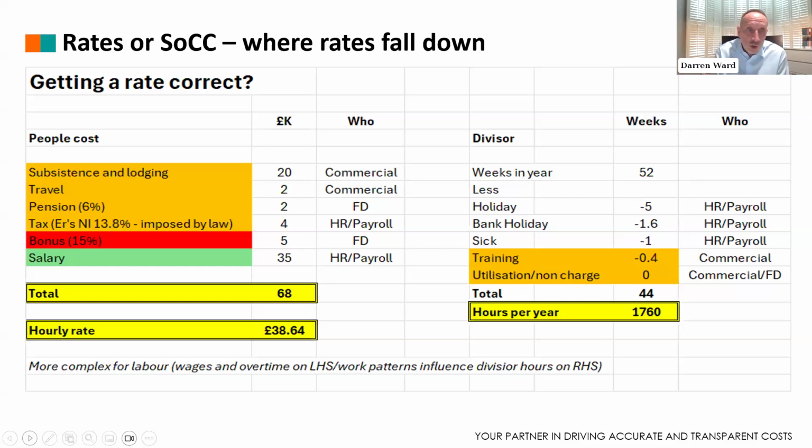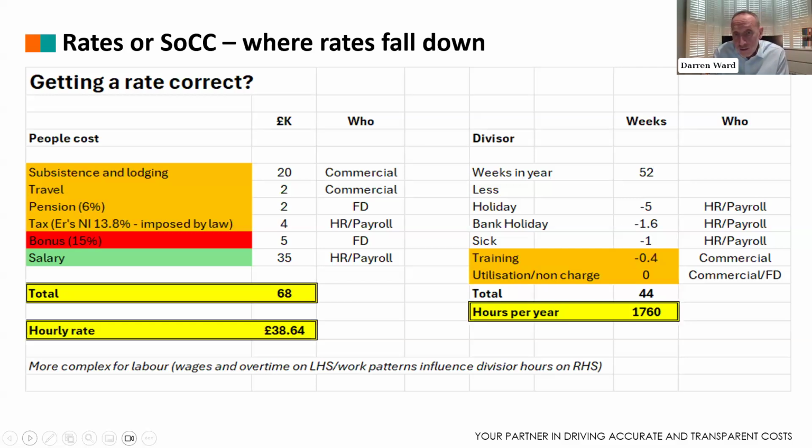In reality, Joe Bloggs didn't want to join the pension scheme or paid a lesser rate. And then finally, commercially, the commercial manager thought Joe Bloggs would work on site 5 days a week. Instead, he works on site 3 days a week and 2 days from home. So the outturn cost for subsistence, lodge and travel is potentially less. So under a schedule of cost components, the £68,000 could end up near a 60.